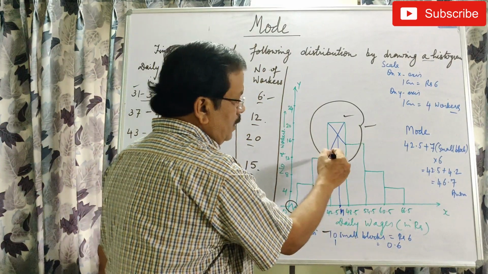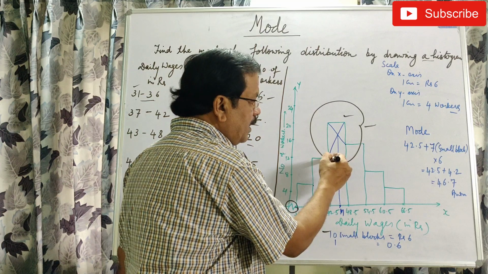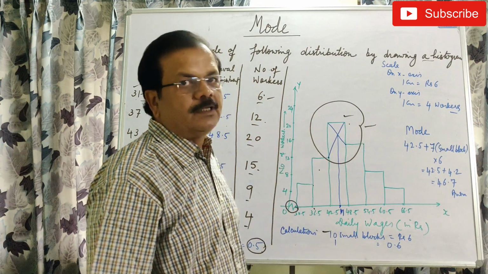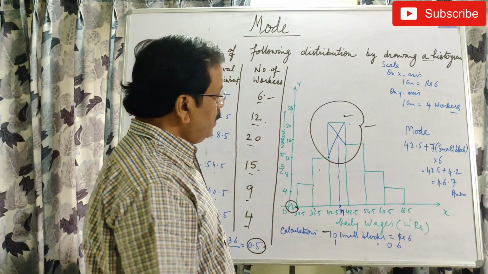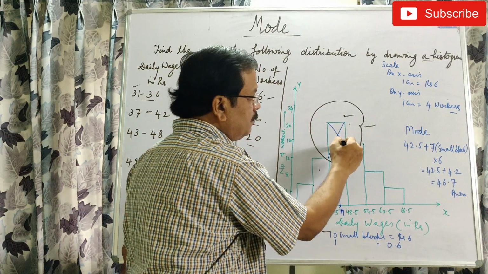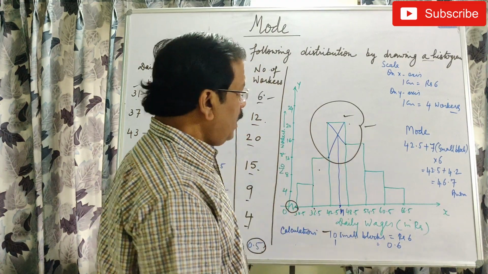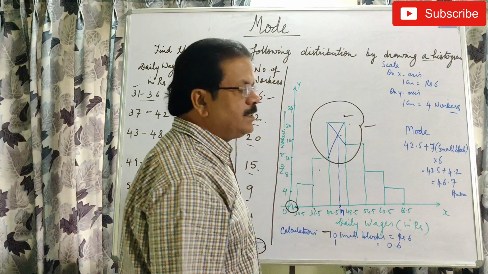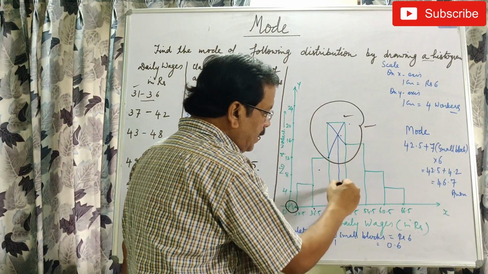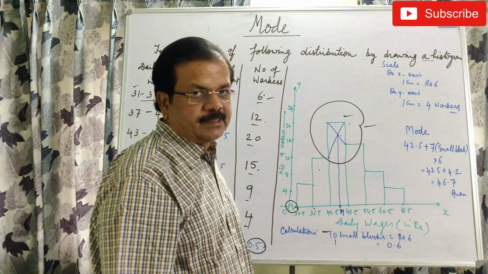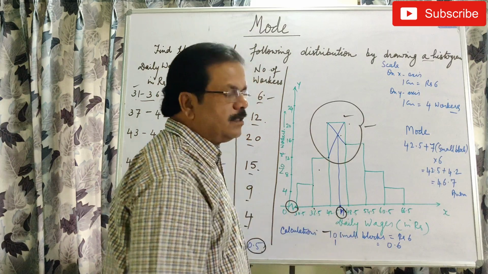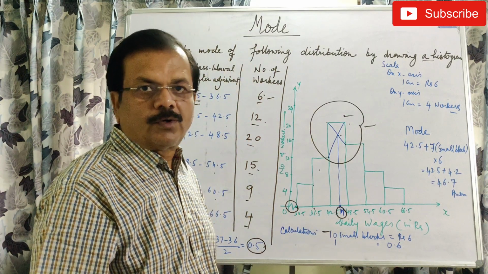Join the upper limit of the previous block to the upper limit of the modal class, then the lower limit of the modal class to the lower limit of the succeeding block. Wherever these two lines intersect, draw a line perpendicular to the x-axis, and then this point will define the correct value of mode.